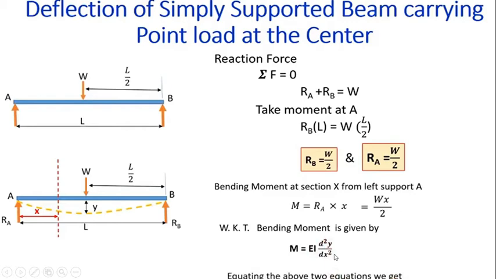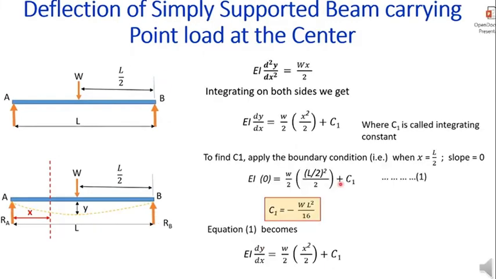So equating the above two equations, we get EI d square y divided by dx square is equal to Wx divided by 2. Integrating on both sides, we get EI dy by dx equal to W by 2 into x square divided by 2 plus C1, where C1 is called the integration constant.